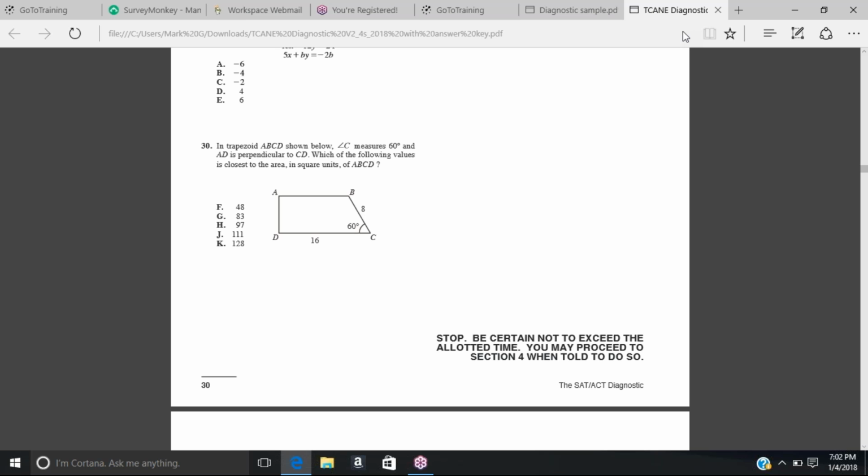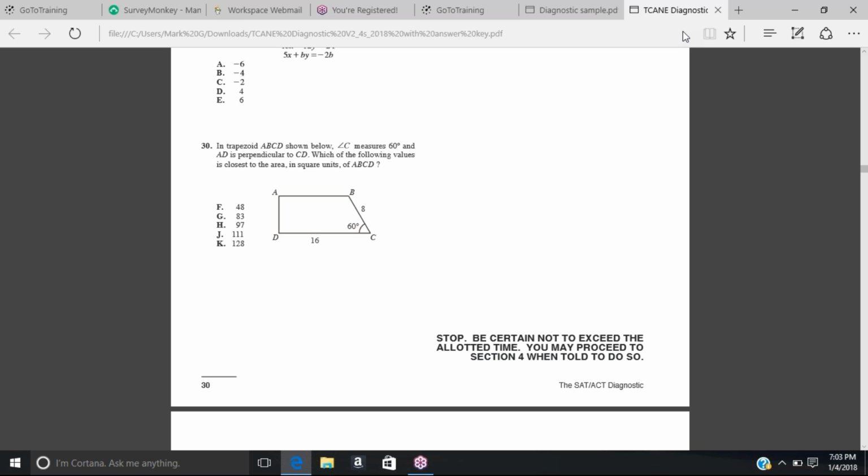Then you would add the triangle's area, which is base times height divided by 2. So the height is 4√3, the base is 4, and divided by 2. You could add those together, and you're going to come up with approximately 96.